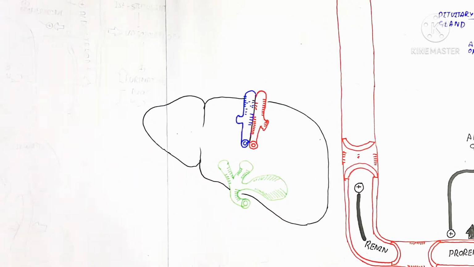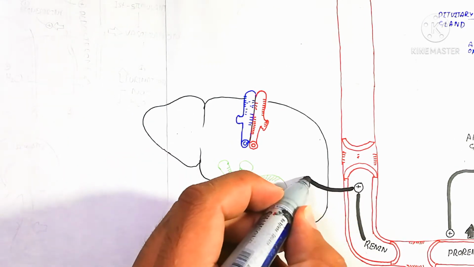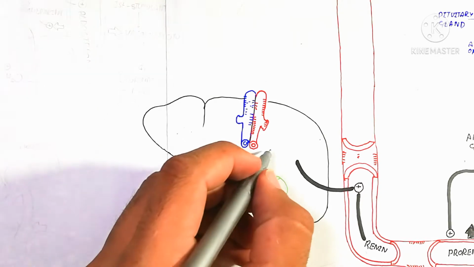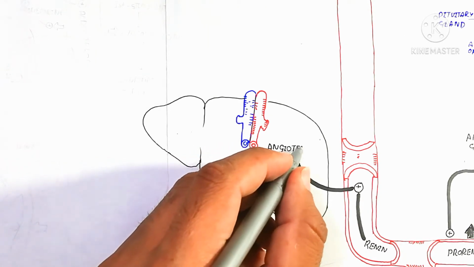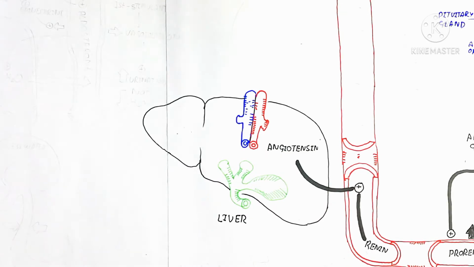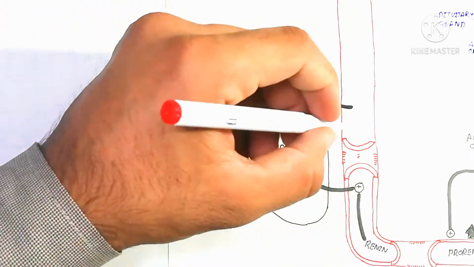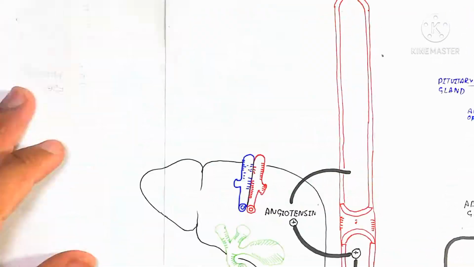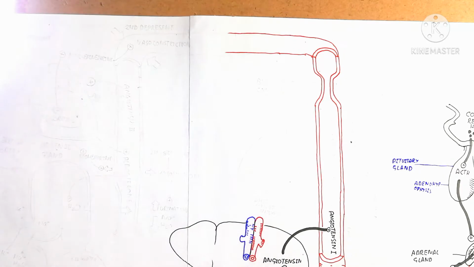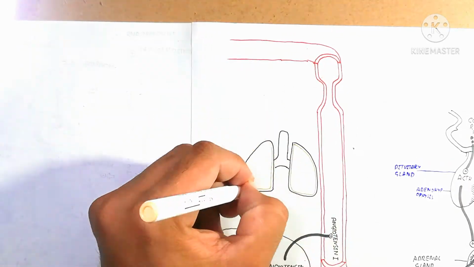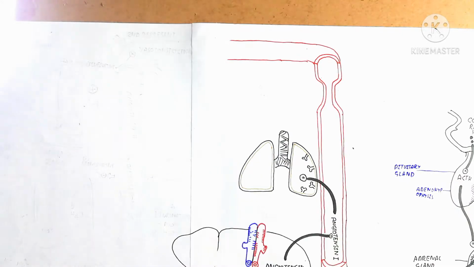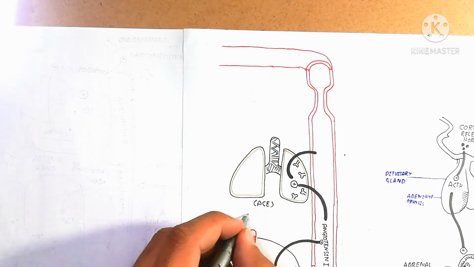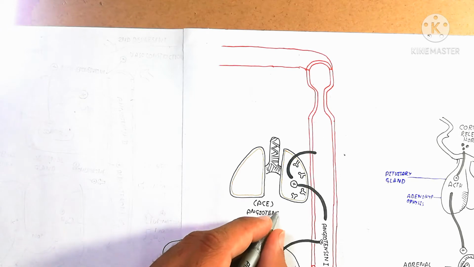If we talk about it, the renin will go into the liver, and the liver contains hepatocytes, and these hepatocytes contain an enzyme, and this angiotensin is produced from the renin. So the renin converts into angiotensin 1. So this angiotensin is an endocrine system to release into the blood. That secretion is converted to angiotensin 1. So this angiotensin goes into the angiotensin converting enzyme in the lungs.